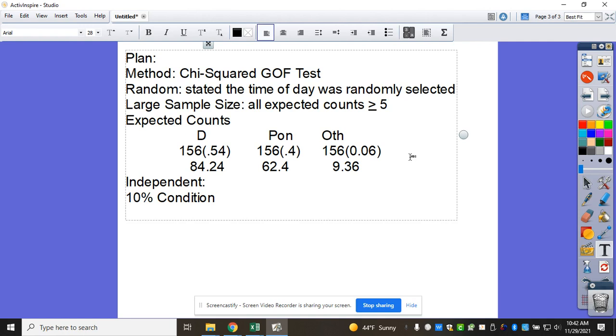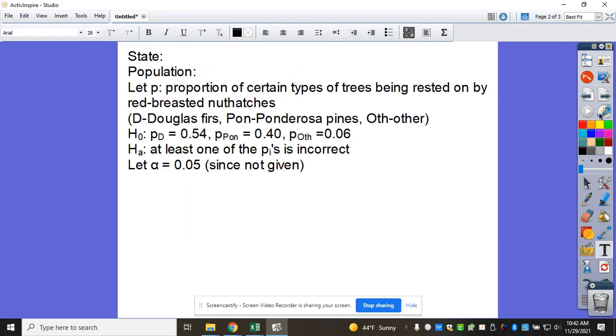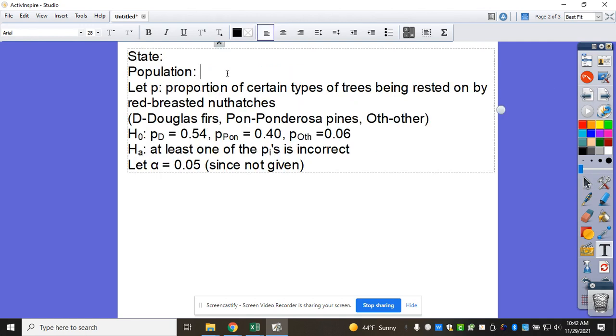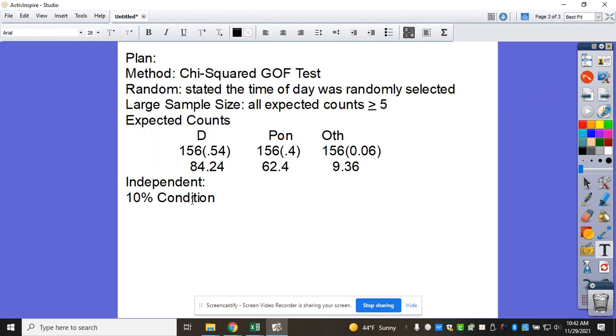This is why I haven't done this one yet, because this is kind of a weird problem. What was my N for this problem? 156 what? Birds. So now that I know that, what is my population? Because some people think it's the trees, and that's one way that you can check or correct yourself when you get to here.